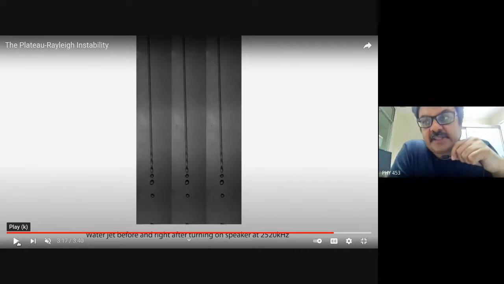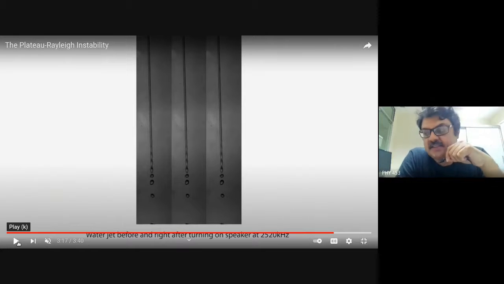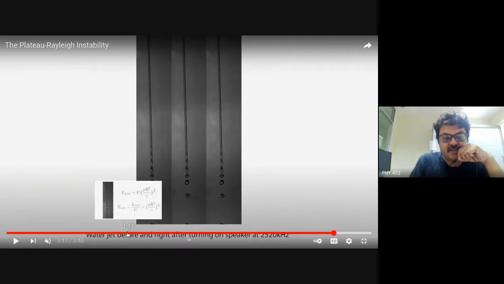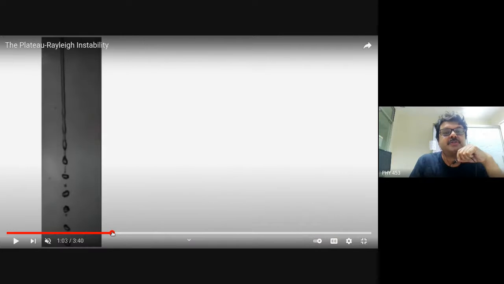Spherical objects have the least surface area. Now, that part is understood, and some part of the analysis is understood, but I will try to show you.